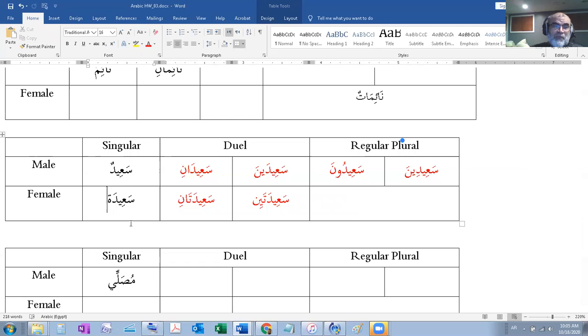Otherwise, if it's the name of a woman or a girl, then I can only put a single dhamma. So if it's the name, then it's single dhamma. But if it's a noun, then sarf is allowed, and I can do double dhamma. Okay? Is this issue clear? Because that's the issue we've been talking about, which is sarf that we talked about last time.